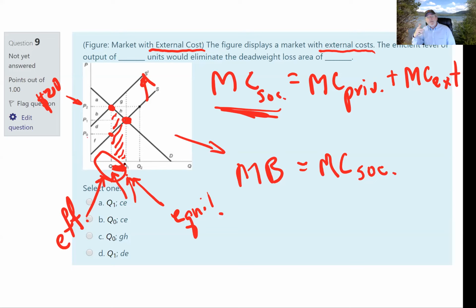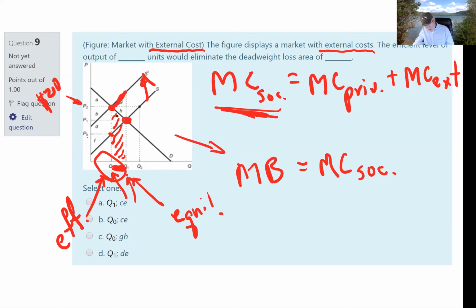But we always have to look at what is the cost, whether we're talking about individuals or we're talking about society. We have to compare benefits to cost. The benefits of consuming these extra units would be the area under the demand curve. The cost of those extra units, taking into account the externality, would be this entire area below the marginal social cost curve between these two units.